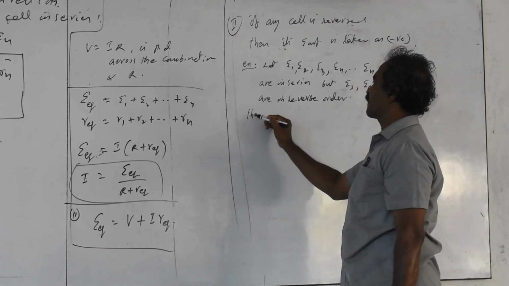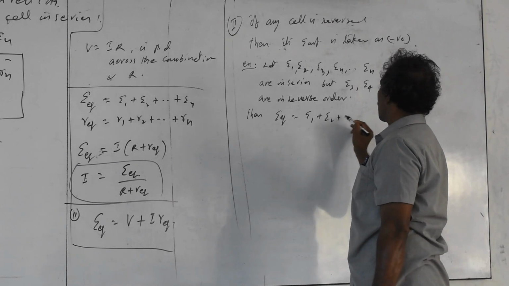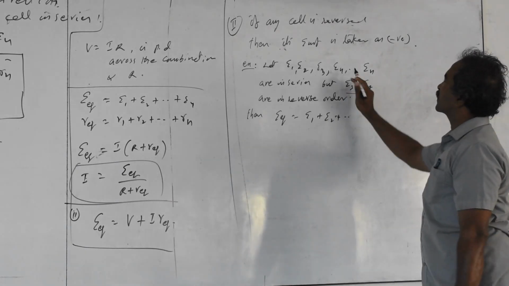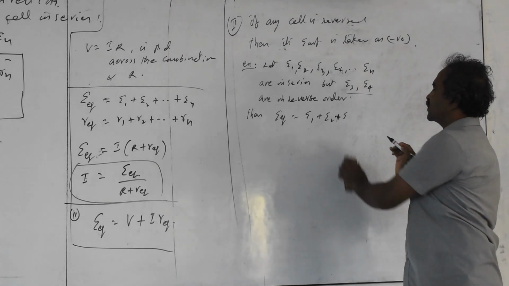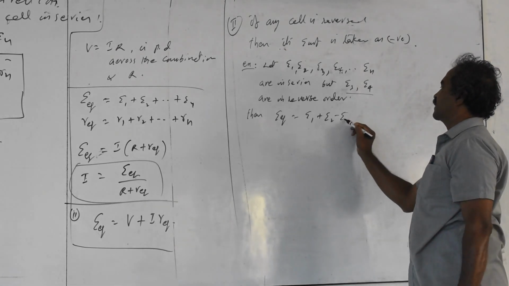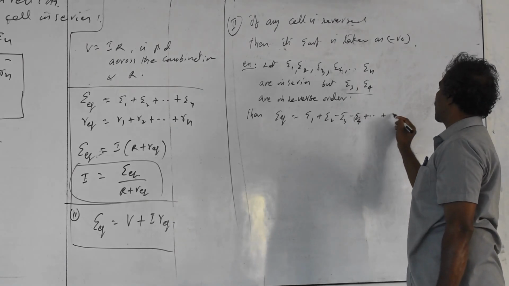Then E equivalent becomes equal to E1 plus E2 plus, and so on, but E3, E4 are negative. So E3 you take minus, E3 minus E4 plus and so on, plus remaining En.